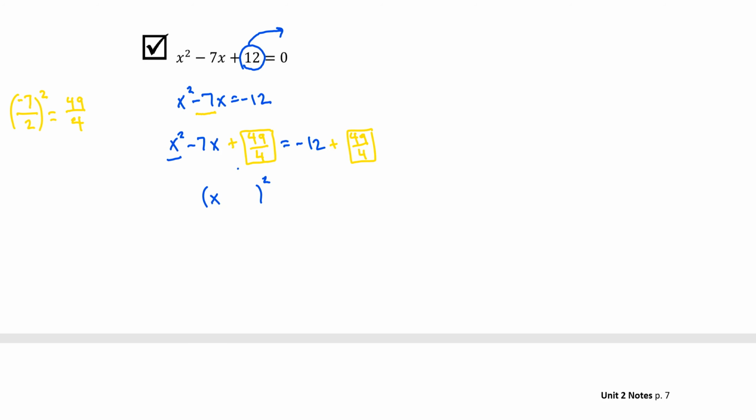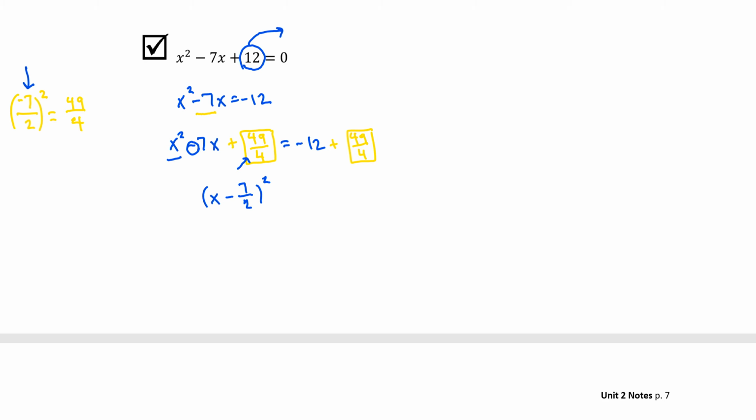And the constant in our binomial is the square root of 49 over 4. Square root of 49 is 7, and the square root of 4 is 2. And the sign always matches this first sign right here. And notice in the factor we have negative 7 over 2, and we saw that number over here as well.